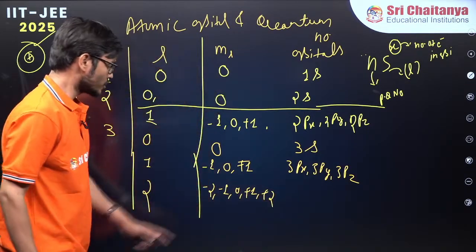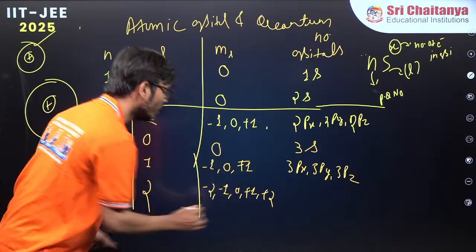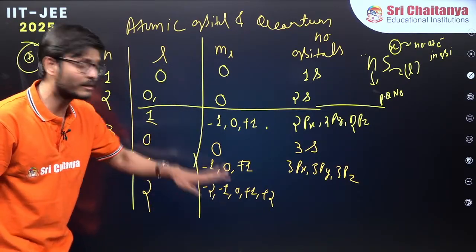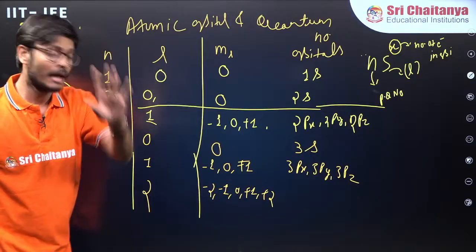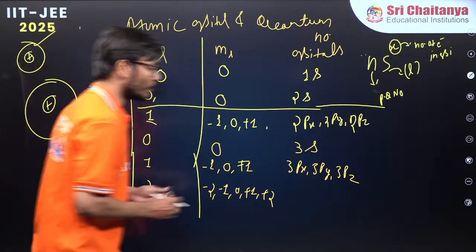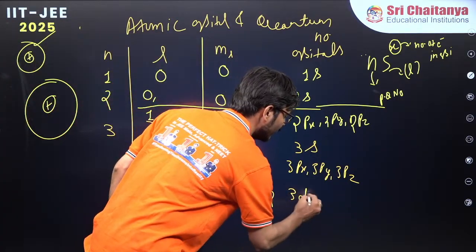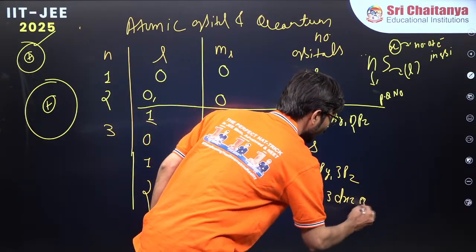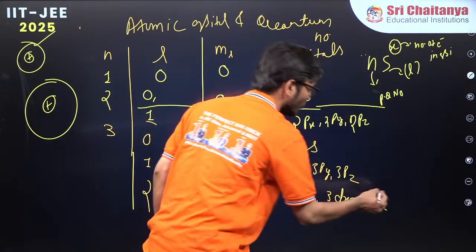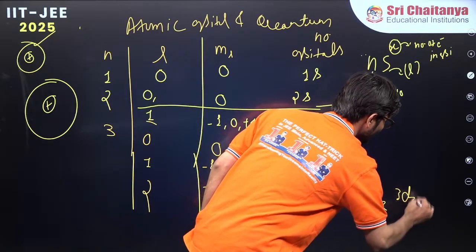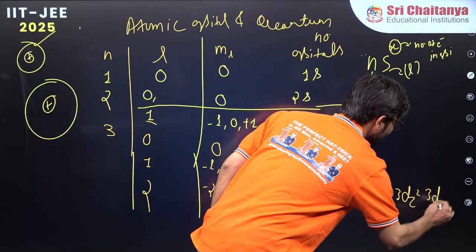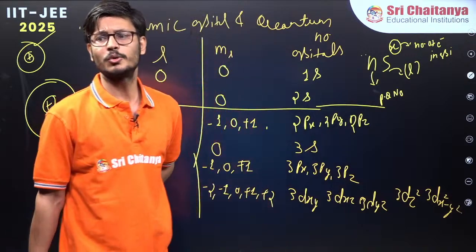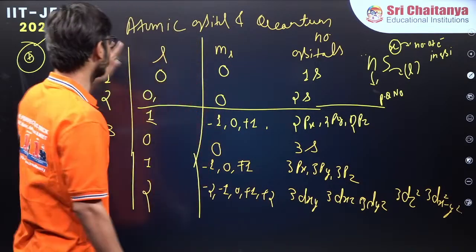So how many orbitals do we have? For the L equal to 2 subshell, 5 orbitals, and the principal quantum number is 3. So what will we write? 3dxy, 3dxz, 3dyz, and 2 more, 3dz square and 3dx square minus y square.